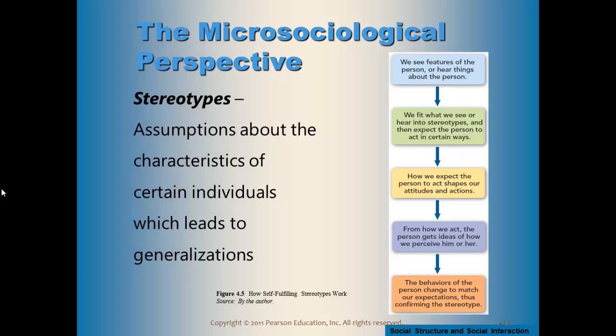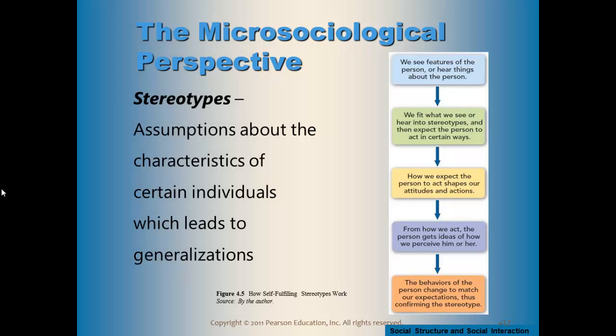That's what the stereotype is, and this kind of shapes our attitudes and actions towards that, and the other person then gets the idea of how we perceive them, and sometimes the behavior of that person will change to match our expectations, so it confirms the stereotype. There's a good example of interactionalist theory. How our beliefs about one person are perceived by the other person and causes that person to change to meet our beliefs.